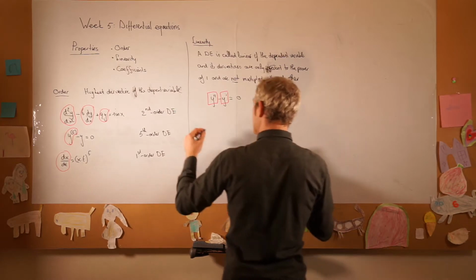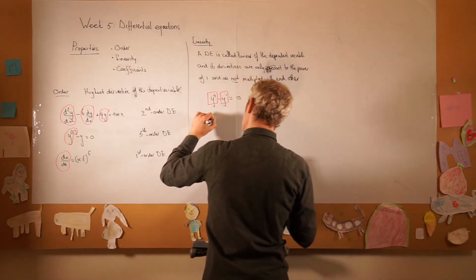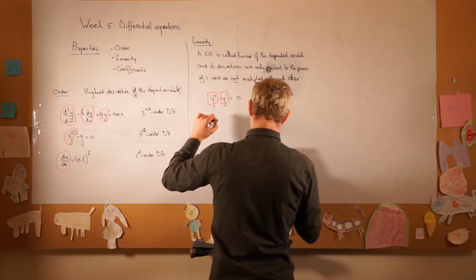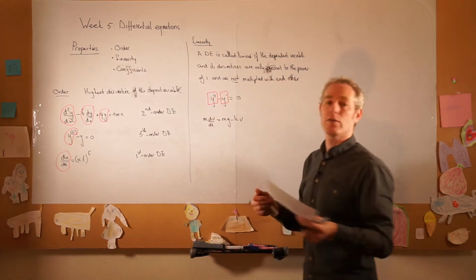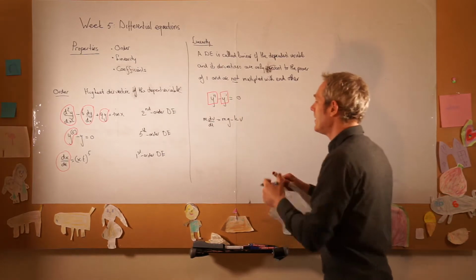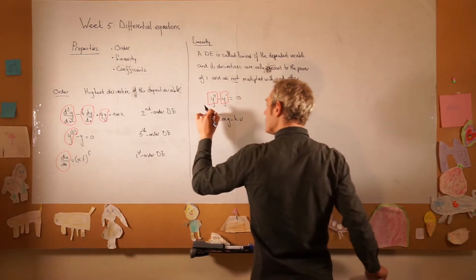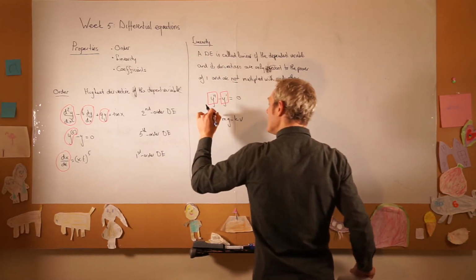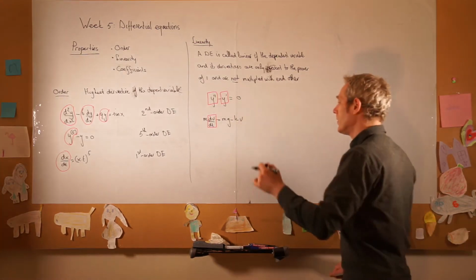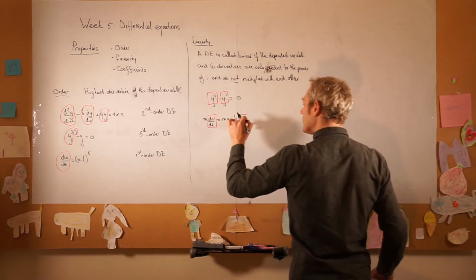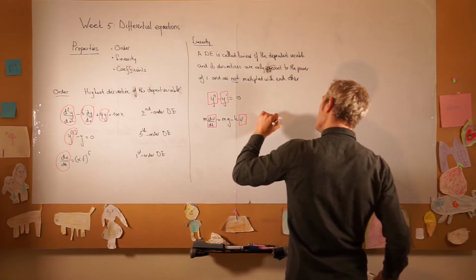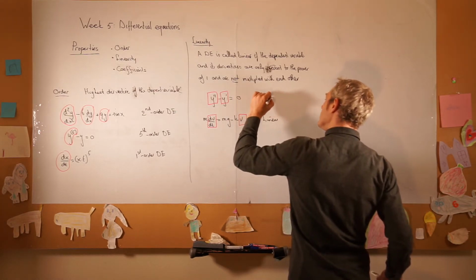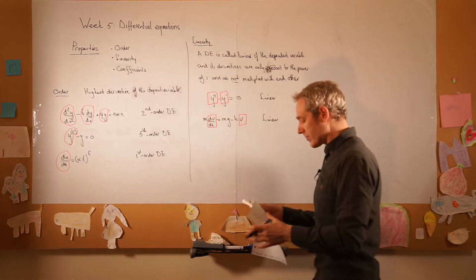If we take m dv dt is equal to mg minus kv, we're looking for the dependent variable again, and we have our first order derivative here, which is there to the power of 1, and v is also there to the power of 1, so this is a linear differential equation. This one is linear as well.